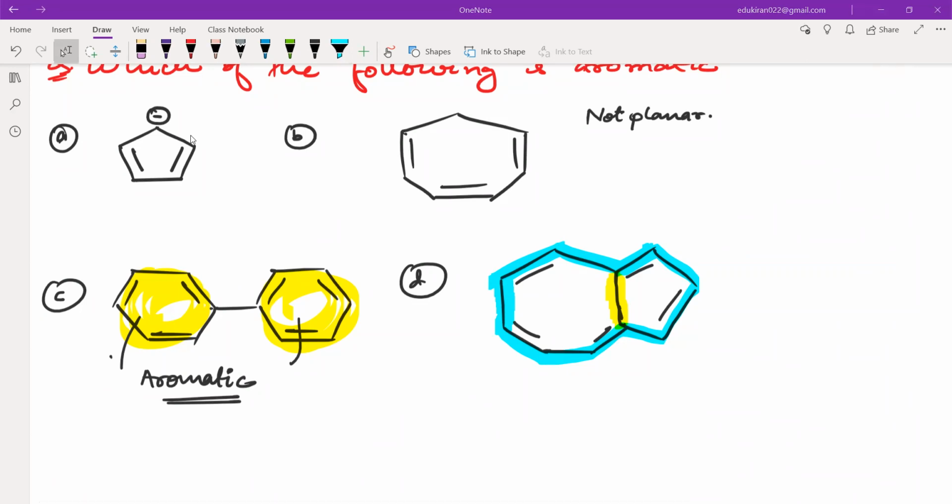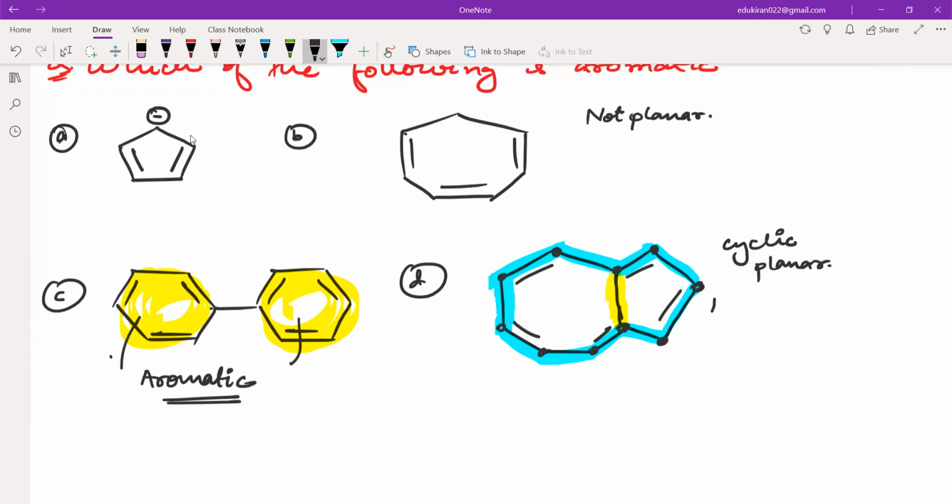It is cyclic obviously, because it is a ring. Planar: all the carbon atoms, you can see, have a pi bond. Yes, sir. No matter which carbon atom you choose, it has a pi bond. That means all of them are sp2, which is why it is also planar.